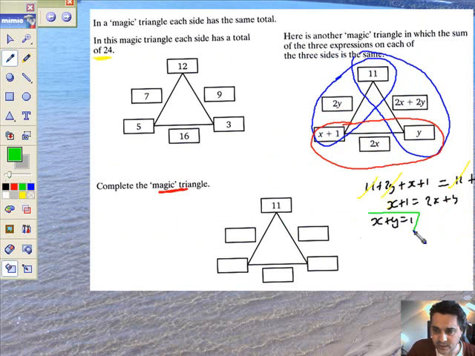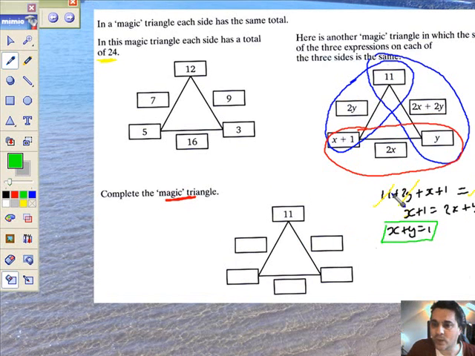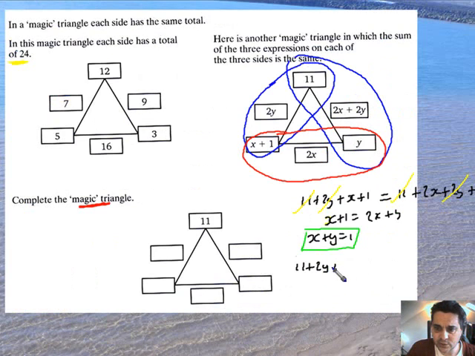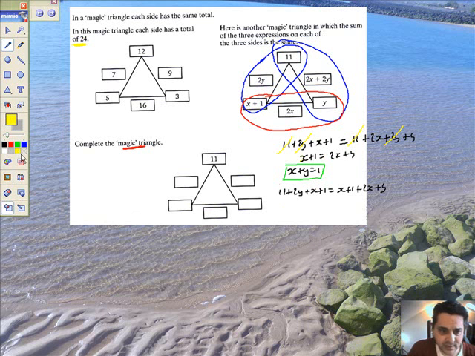Let's put that in green, and I need to get another little green one. I've used these two. I could use this one with this one, or this one with this one. I'll do this one and this one, so let's work down here, hope it fits. So I've got 11 plus 2y plus x plus 1 equals this side as well, x plus 1 plus 2x plus y. Hopefully this will work nicely.